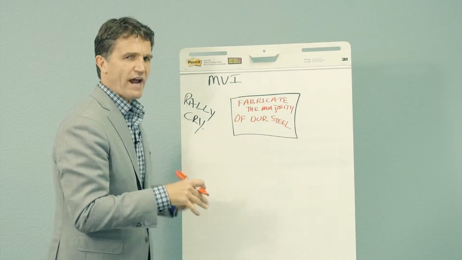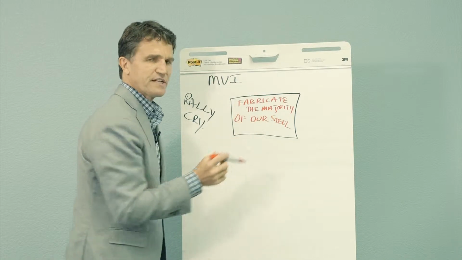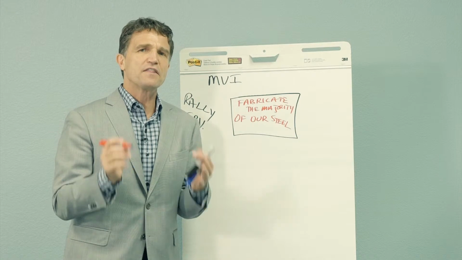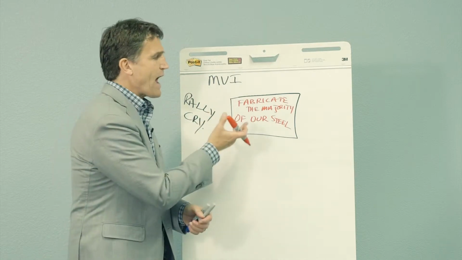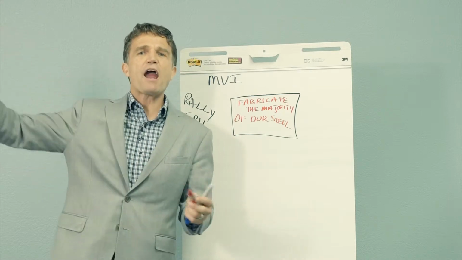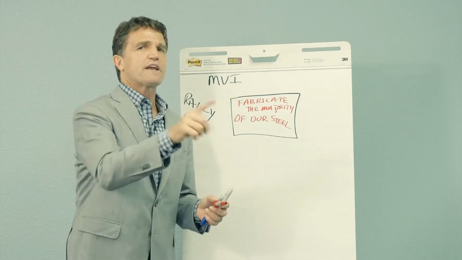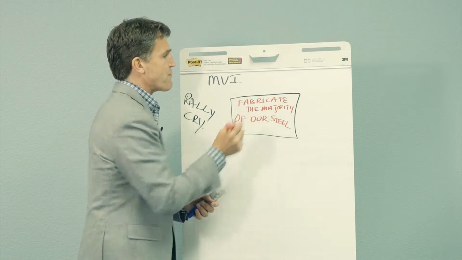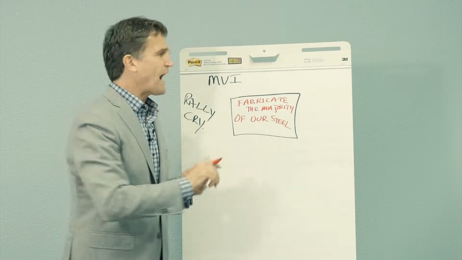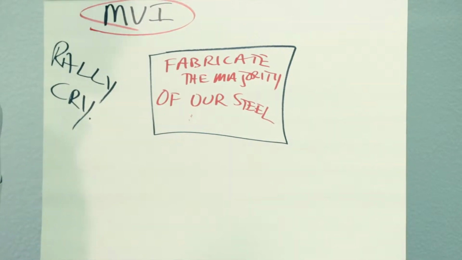They're a rebar contractor, and so their rally cry was to fabricate the majority of their steel because this was one of the ways that they were going to maximize their profitability. Now, the rally cry wasn't very sexy, it wasn't necessarily inspiring to other people, but it was inspiring to them because they knew that they could make more money if they were fabricating the majority of their own steel, and it was correct. They identified that they needed to do that, and that then became their rally cry.